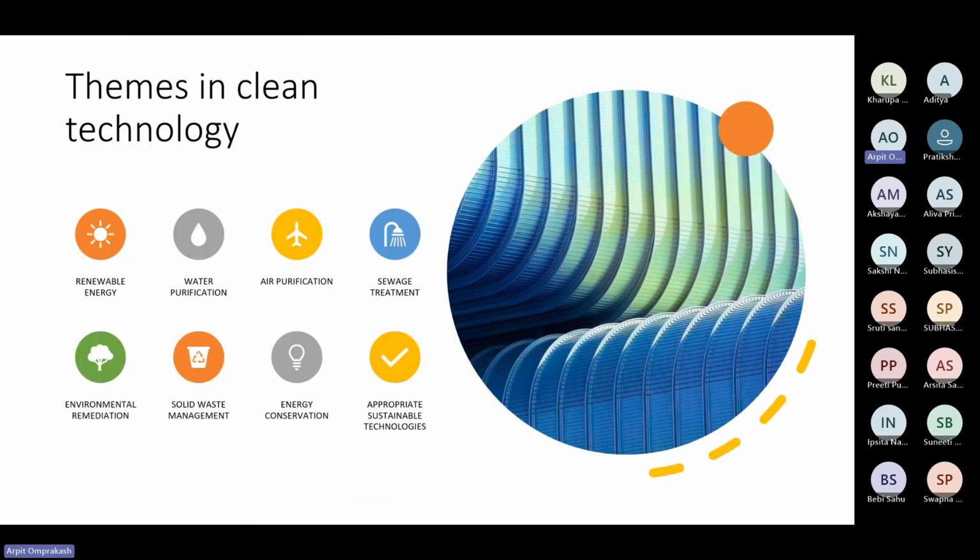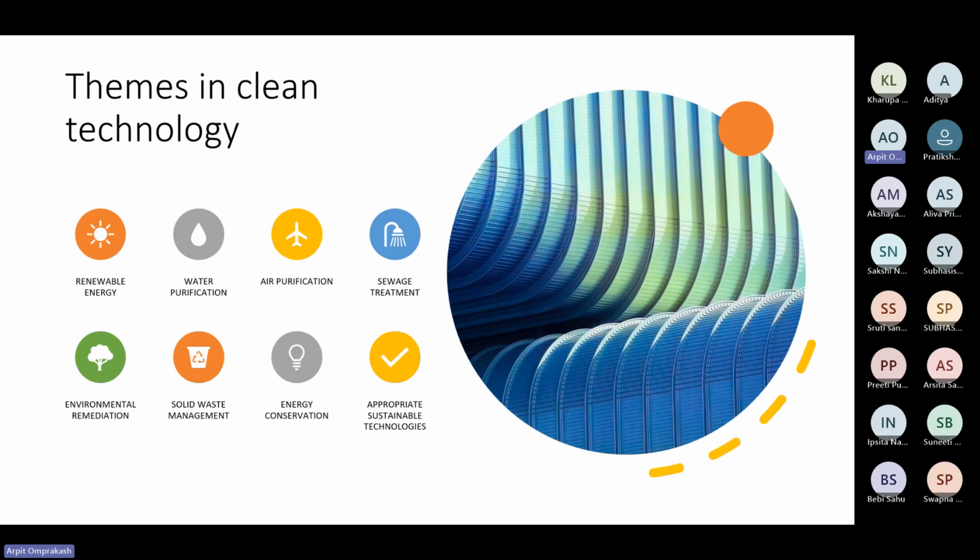So there are different themes based on this in clean technology, such as renewable energy, where we generate energy from renewable resources such as solar, wind, and geothermal energy. Water purification, so that clean water is available for everyone. Air purification to reduce the effects of air pollution. Sewage treatment, again managing waste. Solid waste management.